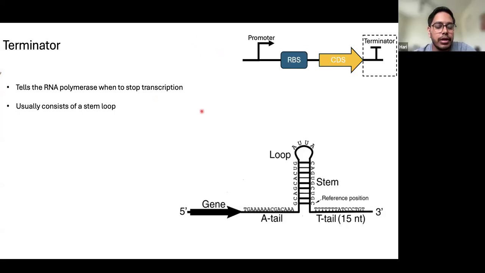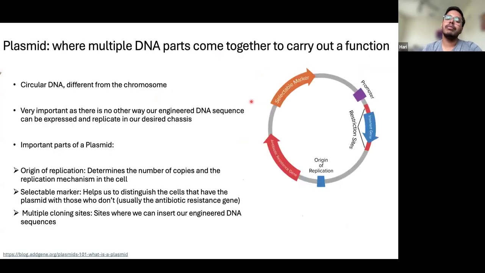Okay. So I will move on to the next slide. Once we have all these parts, how do we express them in a bacteria, let's say? What we use is something called a plasmid, where all these different DNA parts can be assembled together and then transformed into a bacteria or any other organism of our interest.